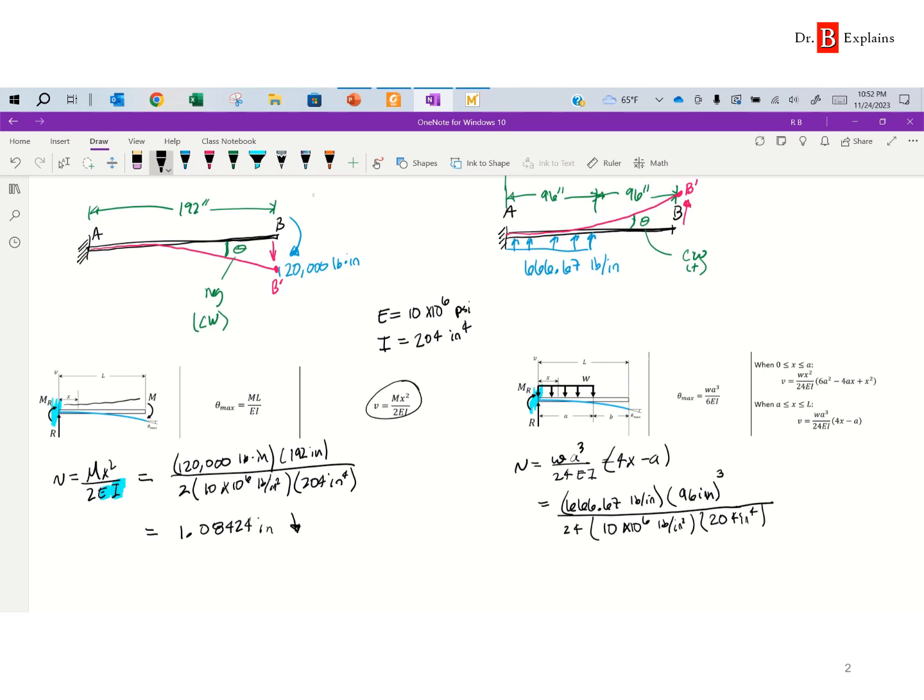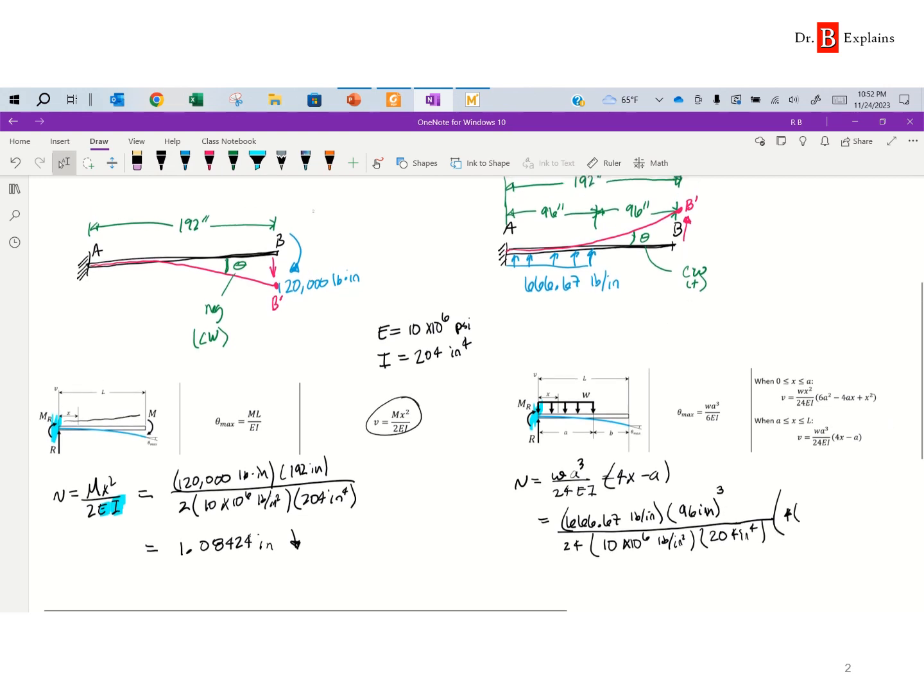Now we're not done yet, right? We have to multiply by the quantity in parentheses, which is 4 times x, where x is where we want to calculate the deflection. In this case, the deflection is at the end of the beam, so x takes a value of 192 inches, minus a, or minus 96 inches.